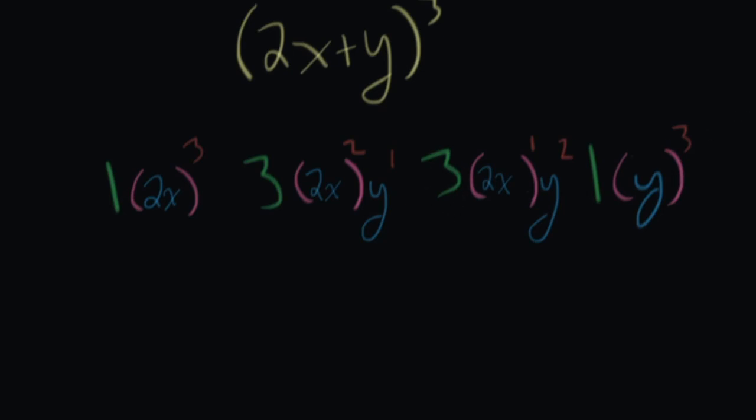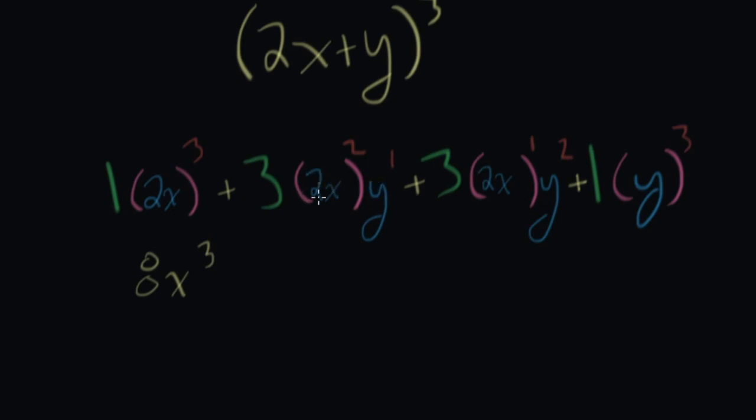And now let's do the actual math. So 1 times anything is going to be itself. So we just have to cube 2x. If you cube 2x, you end up getting 8x cubed. Oh, I forgot. We're adding all these, right? We're adding. There we go. This is going to be 3 times the square of this times y.